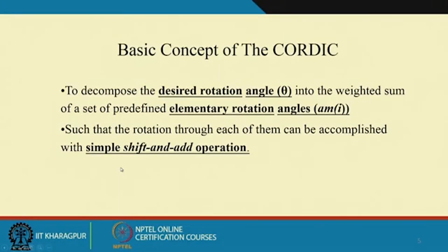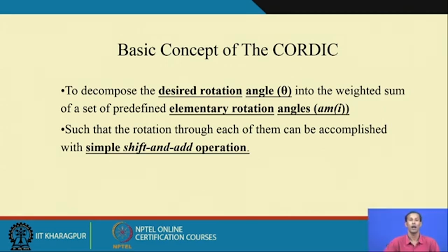Then, what is the basic concept of the CORDIC algorithm? The CORDIC algorithm says to decompose the desired rotation angle theta into a weighted sum of a set of predefined elementary rotation angles. What is the meaning of this line?